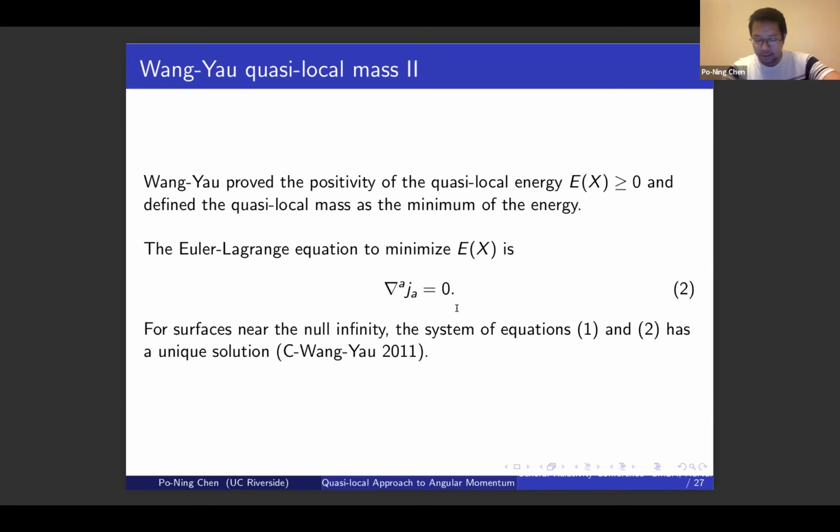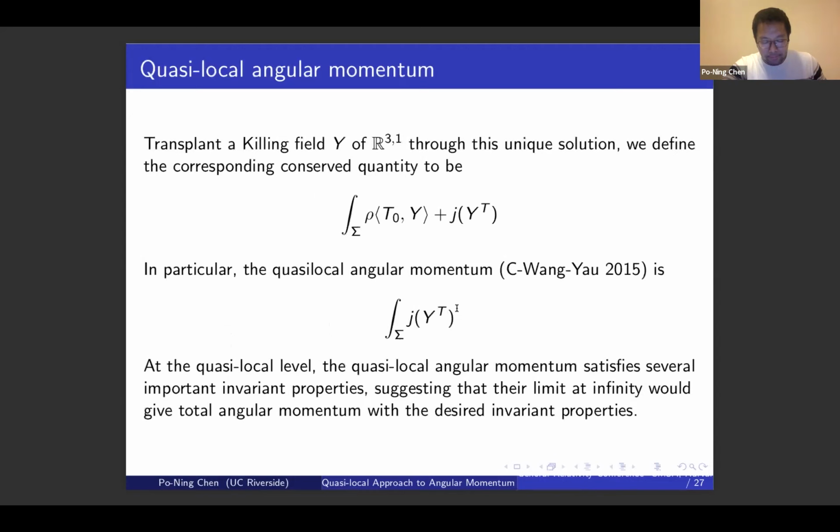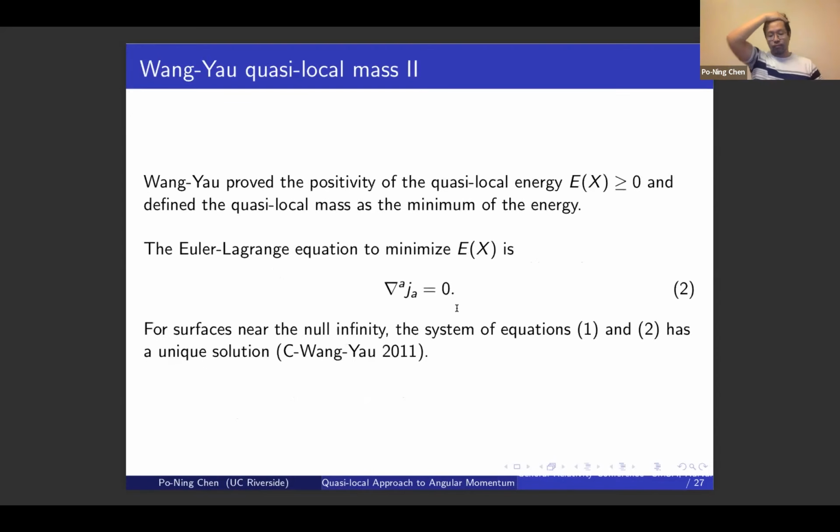We will not discuss it here. But at least near null infinity, which is what we are interested in this talk, this system has a unique solution.